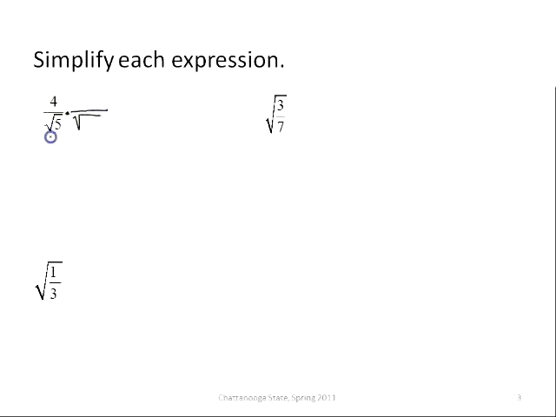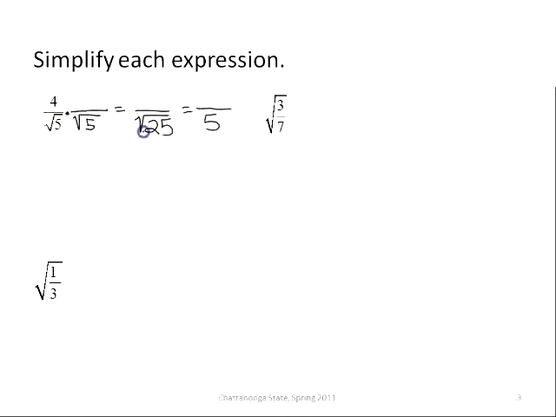So if we already have a square root of 5, if we multiply it by another square root of 5, that would give us a square root of 25.